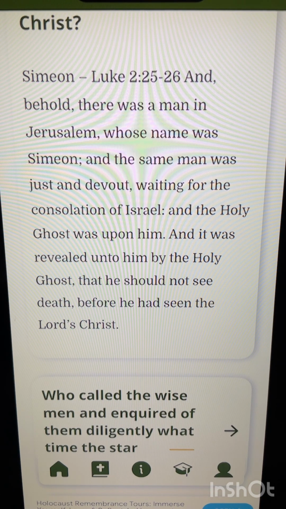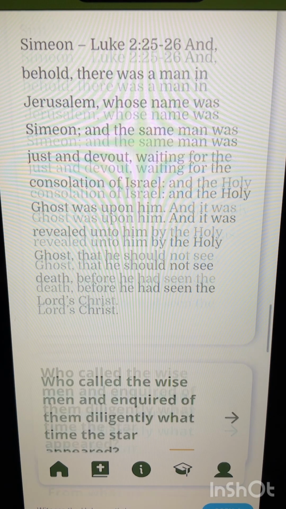And behold, there was a man in Jerusalem whose name was Simon. And the same man was just and devout, waiting for the consolation of Israel. And the Holy Ghost was upon him, and it was revealed unto him by the Holy Ghost that he should not see death before he had seen the Lord Christ.